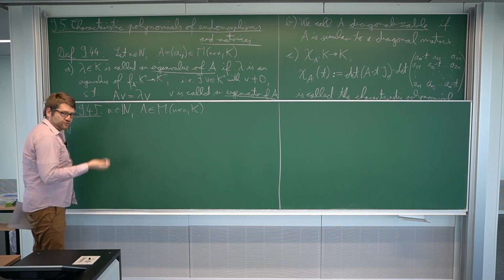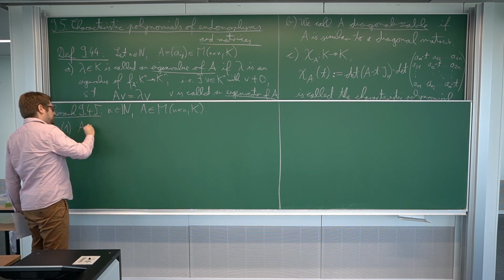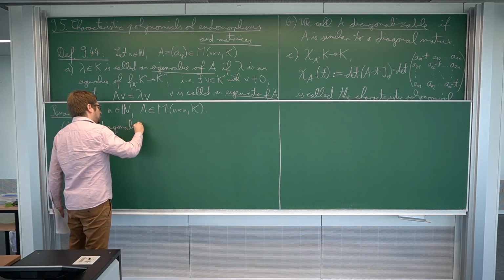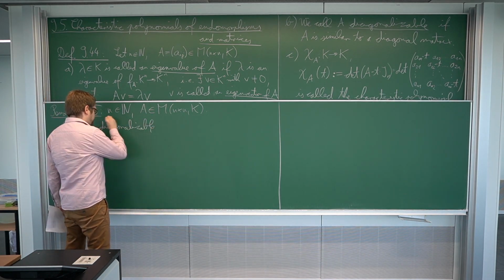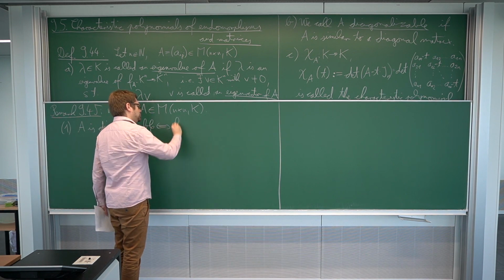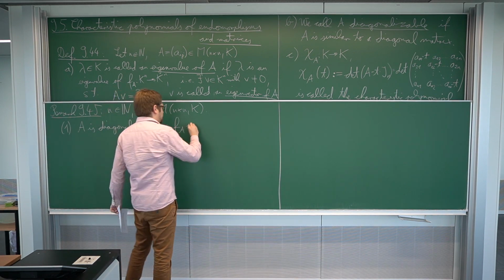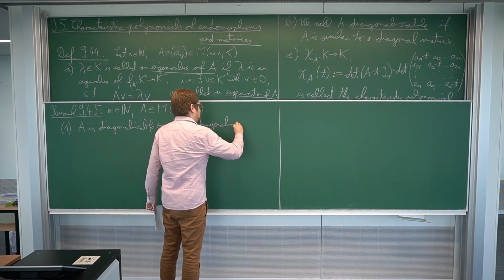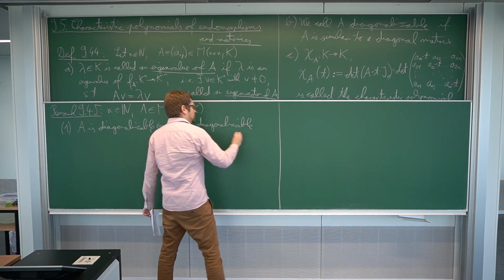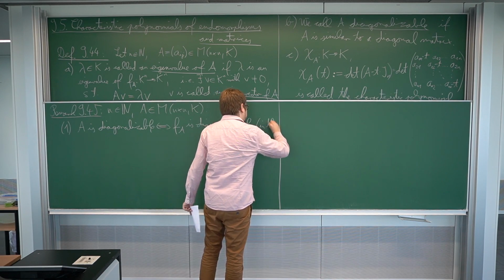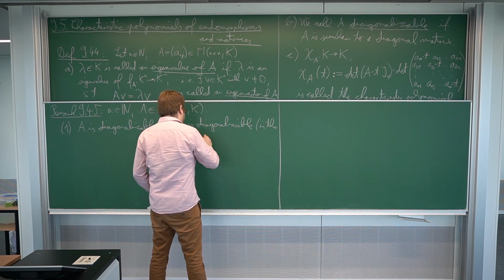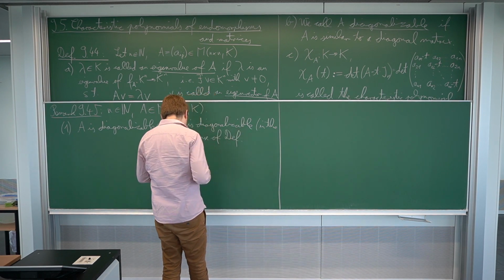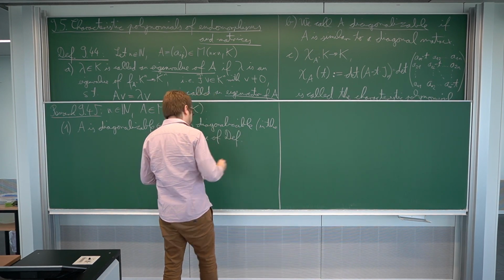If you take a look at the definitions, matrix A is diagonalizable if and only if the induced endomorphism f_A is diagonalizable, in the sense of the previous definition for endomorphisms, this was definition 933.